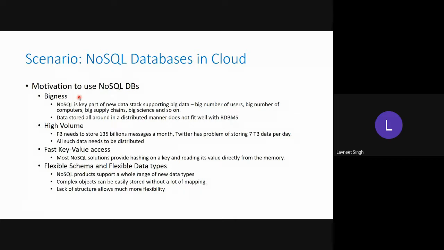Okay, so NoSQL is the key part of the new data stack supporting big data, big number of users, big number of computers, supply chain, science, stuff like that. So when you have a very big amount of data, which doesn't need transactional processing all the time, or only partially needs transactional processing, then you don't need to use RDBMS.